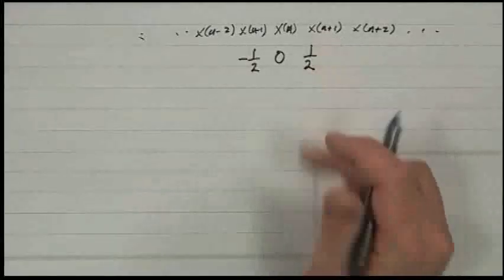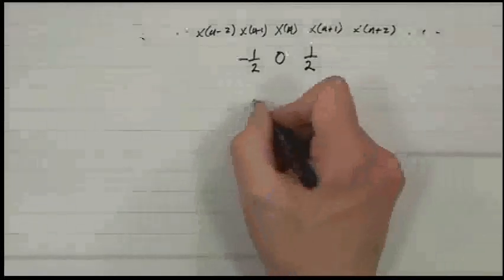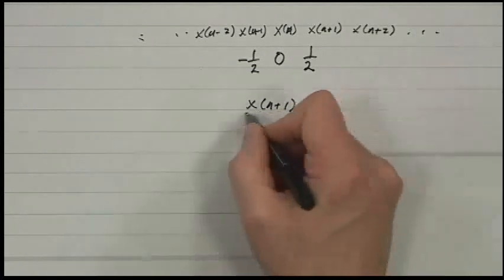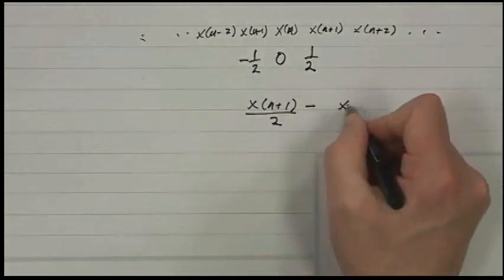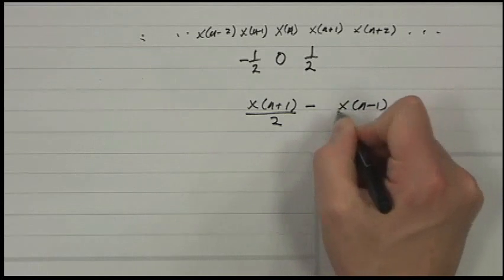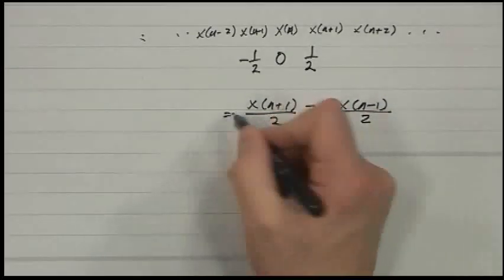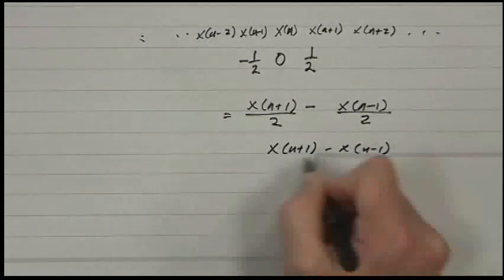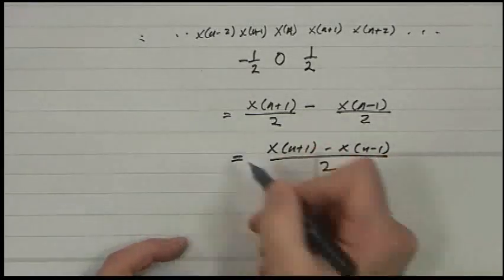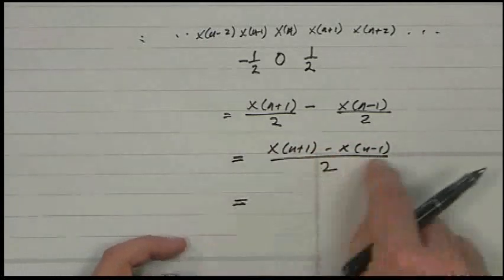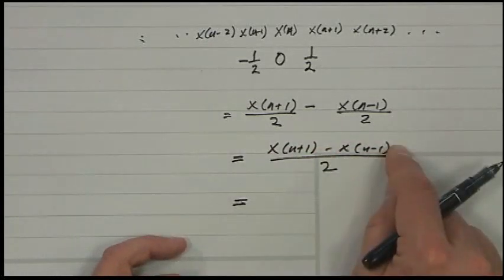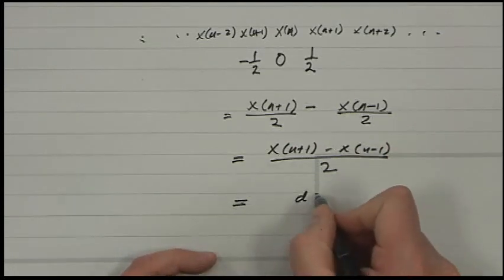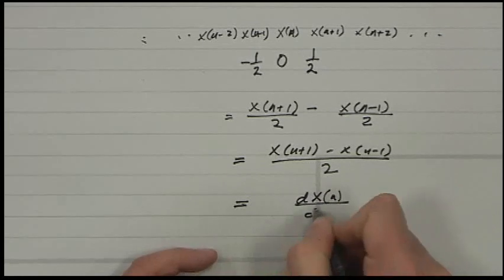And if I add those, then what I'm getting is x of n plus 1 over 2, minus x of n minus 1 over 2, right? Well, that's equal to x of n plus 1 minus x of n minus 1 over 2. Well, that's approximately, if this was a continuous function of time or space or whatever, then this would look like dx of n over dn.